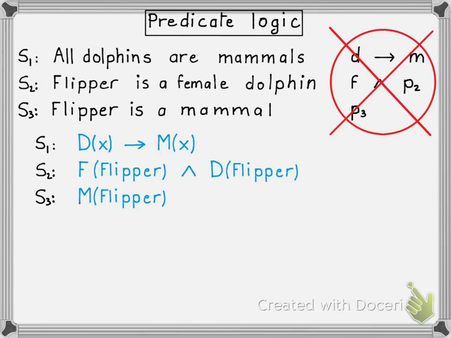In particular, you notice that the predicate D for dolphin appears here and here, which of course is obvious in English, but was not the case at all in propositional logic, which is another reason why this translation was wrong.